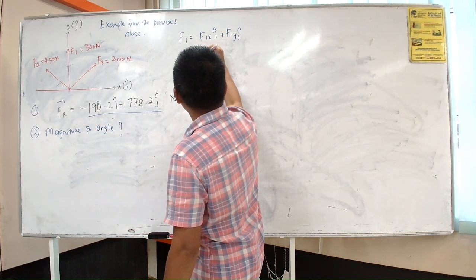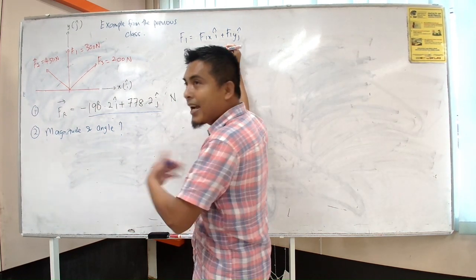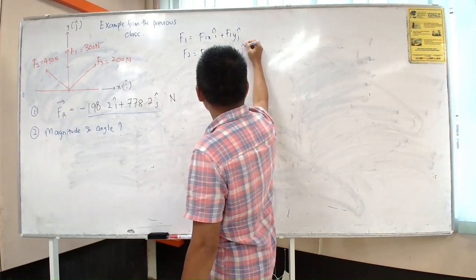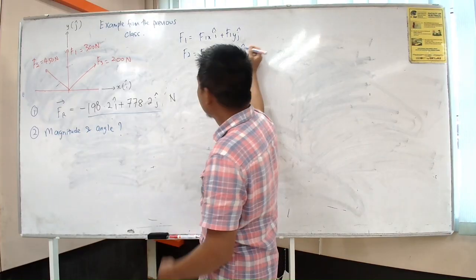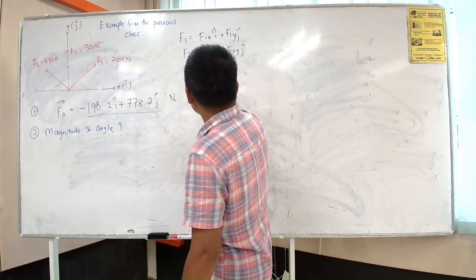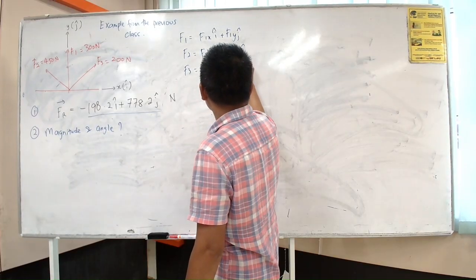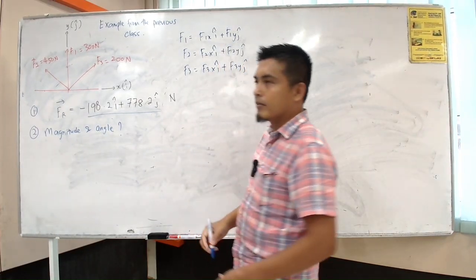F2, F2x in I direction plus F2y in J direction. And F3, F3x in I direction plus F3y in J direction.